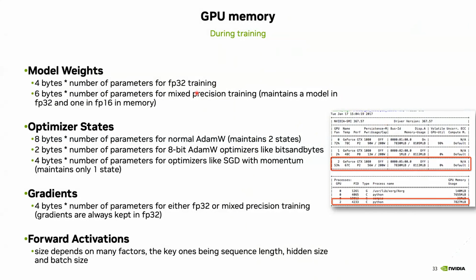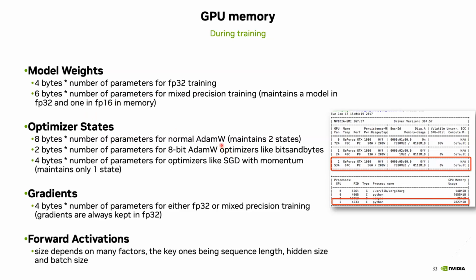For a model, there are basically 4 different sections here. First is the model weights. If they are in FP32, I'm going to have 4 bytes for basically every parameter. If I use mixed precision, it's going to be 6, because we will maintain the model in two data formats. Next is optimizer state.